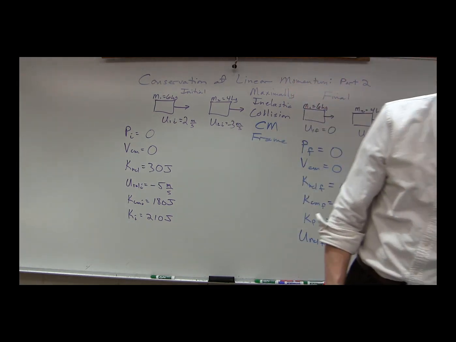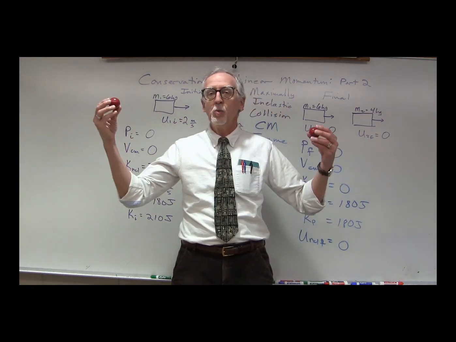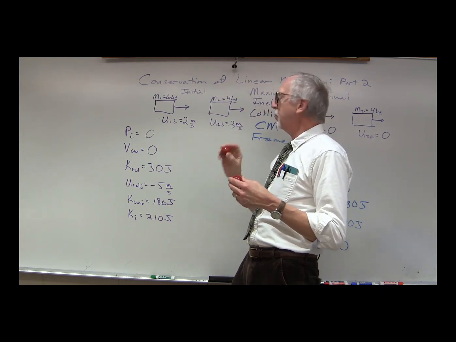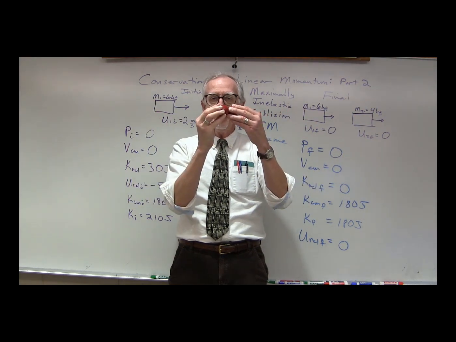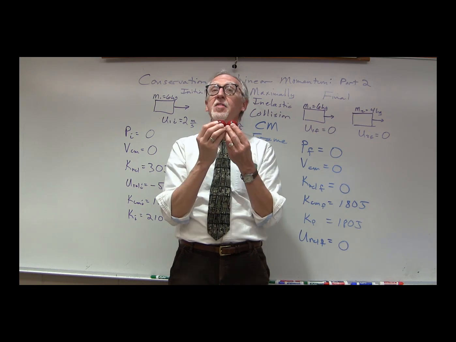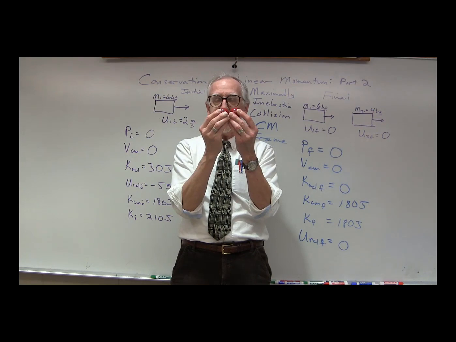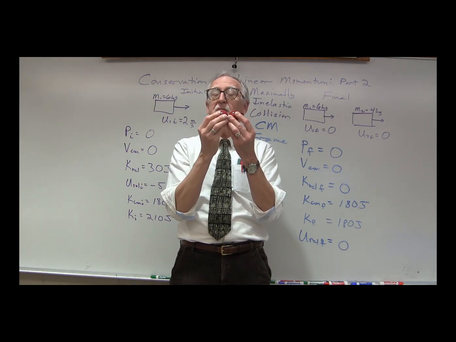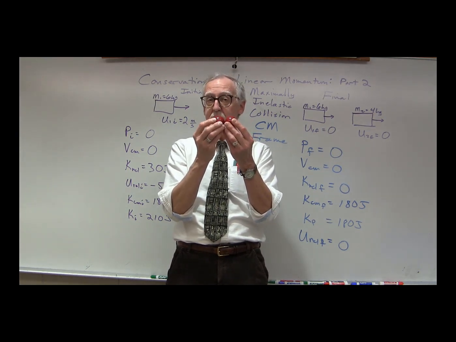They are moving together. In other words, what's going on here? In the center of mass frame, we have M1 coming in, and M2 is going to be moving a little bit faster. So we've got M1 moving a little bit slower, M2 moving a little bit faster. What happens? They stick together, and then they just stop. Both of them stop. They come together and collide and just stick together motionless. So the center of mass is now stationary relative to the masses.